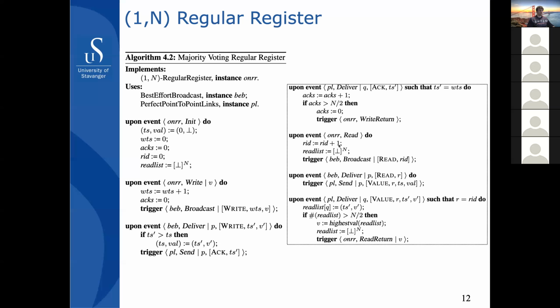And similar for the read operation, we trigger a broadcast for a read operation. This is delivered to all the processes. Then each of them sends the value with the perfect point-to-point link. And whenever we have a majority of witnesses, then we choose the highest value from this and return that value.